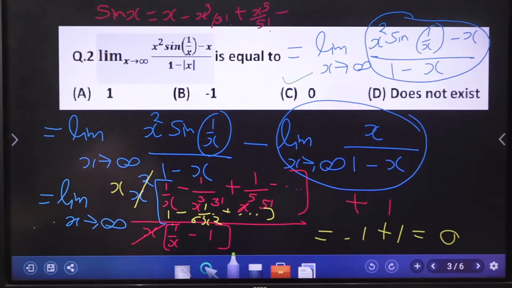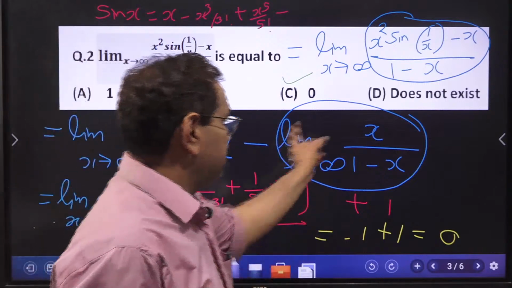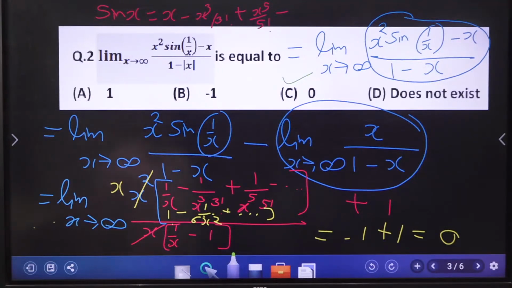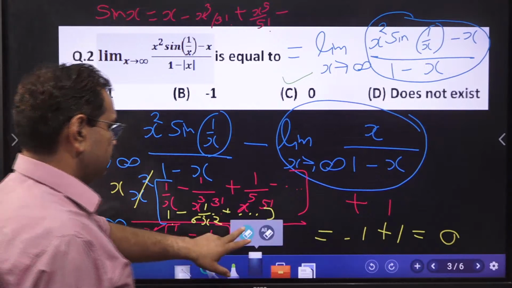In this problem, we have used one result. Here I am telling you one important formula which you have to remember always. You may get questions based on that formula also. What is that formula? Now let us discuss that.